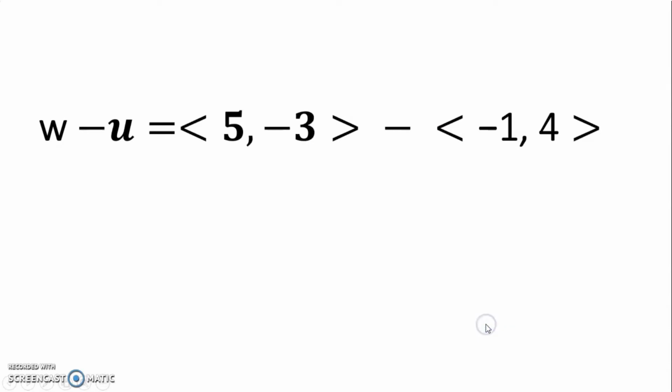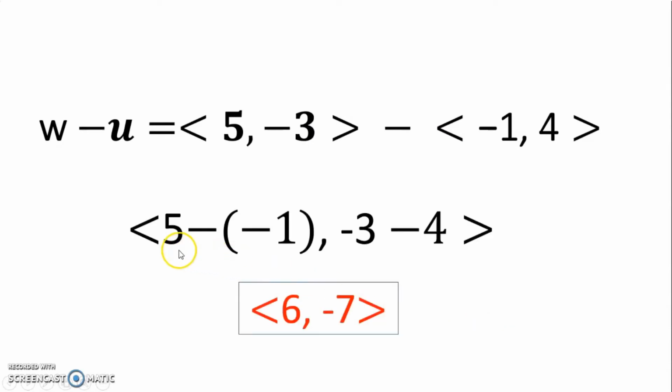So we are having 5 minus -1, that's for x1 minus x2, then -3 minus 4, that is for y1 minus y2.